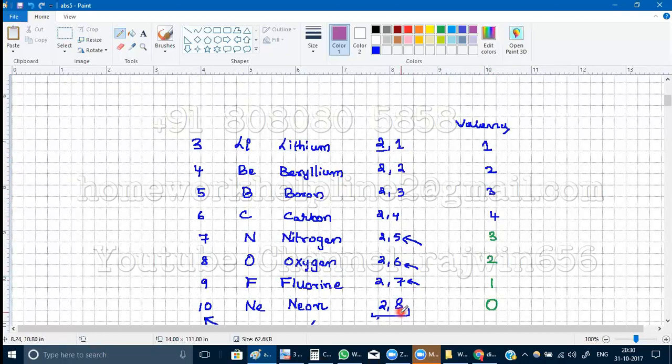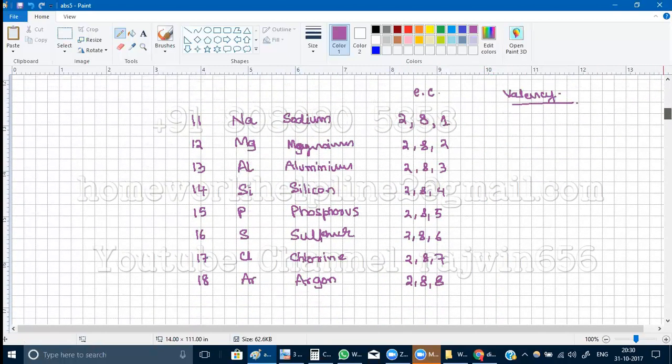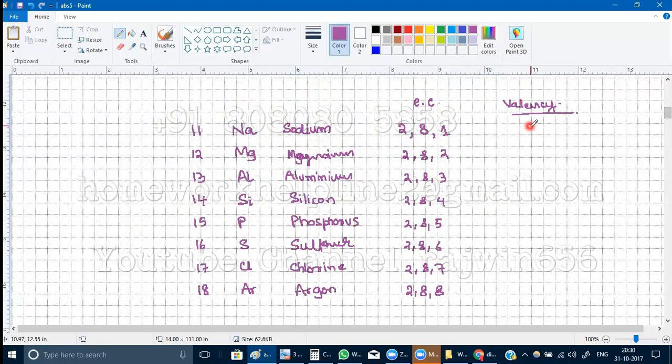It already has 8 electrons, so valency will be 0. In the same way, same thing is going to come for all of these: valency 1, 2, 3, 4, and then finally 3, 2, 1, 0.